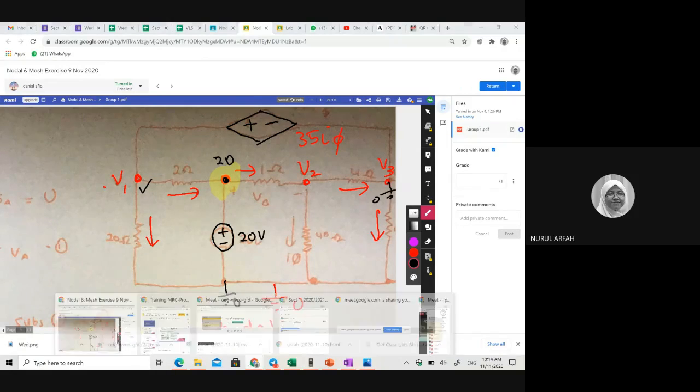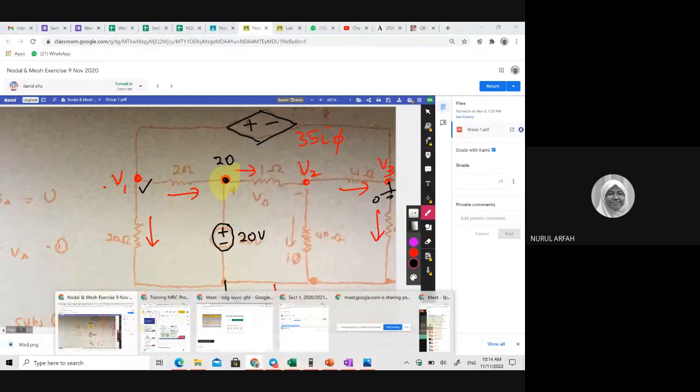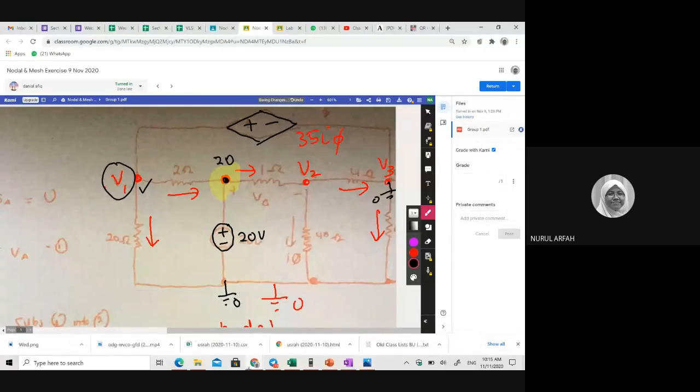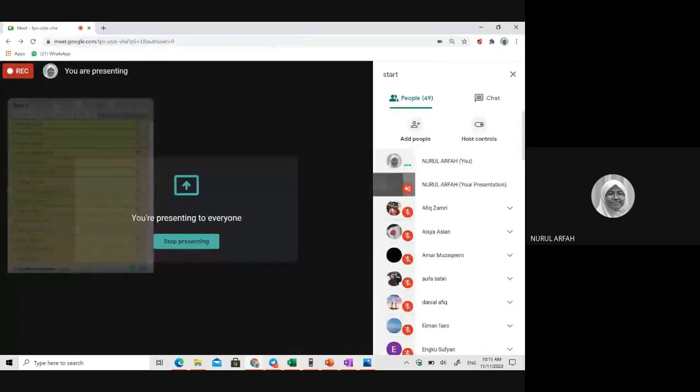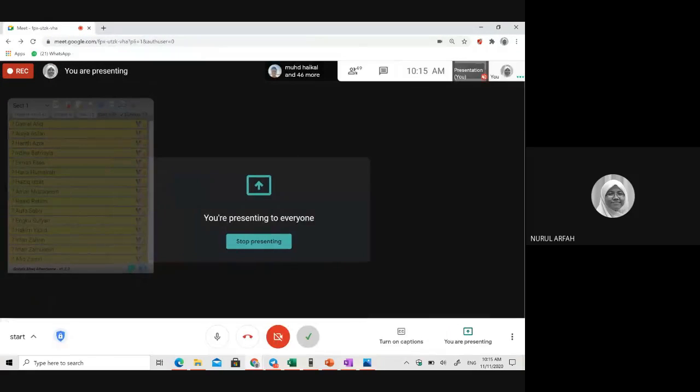So if you don't have a reference point there, you cannot put the value V1 here as a value of 35 I5. Clear? So far so good, everyone? Yes. Clear, madam. Okay, very good.